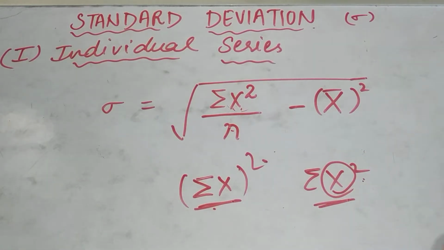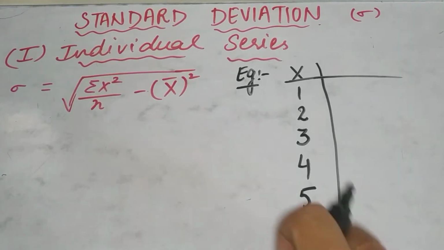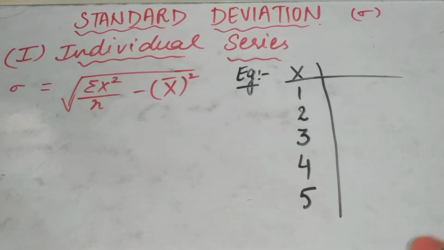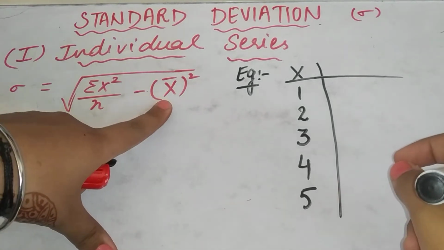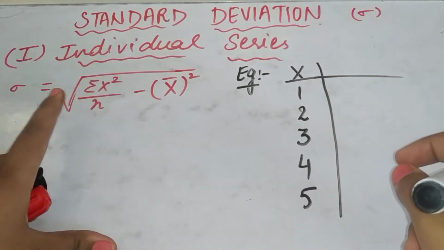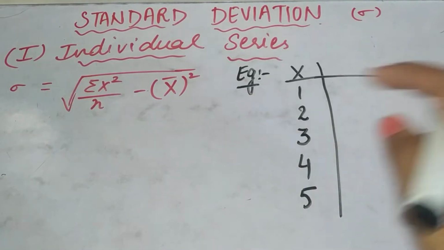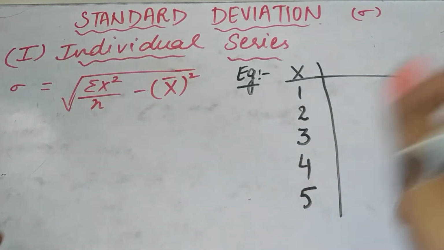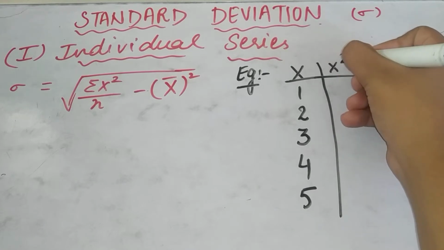Let's clarify this using a very simple example for individual series. According to the formula, we require the mean first and summation x square. From this we can calculate the values for x square easily.